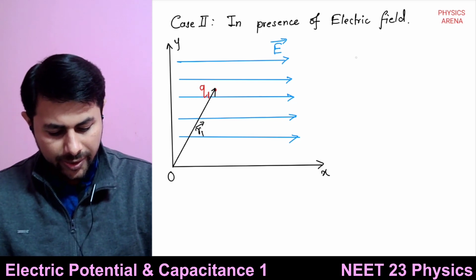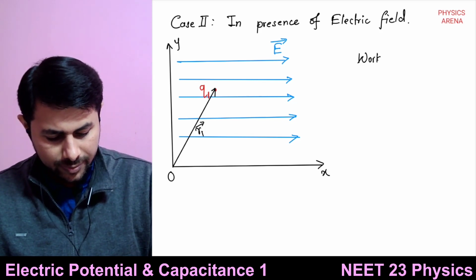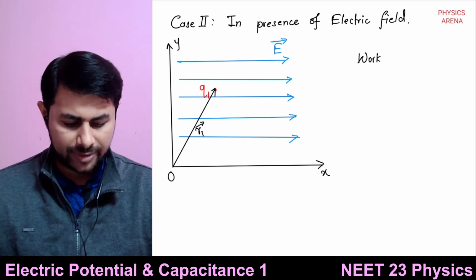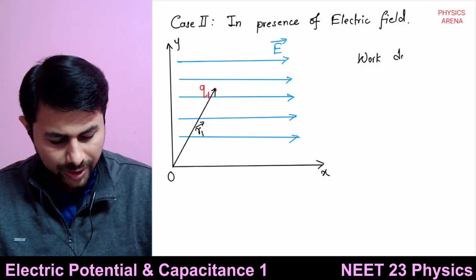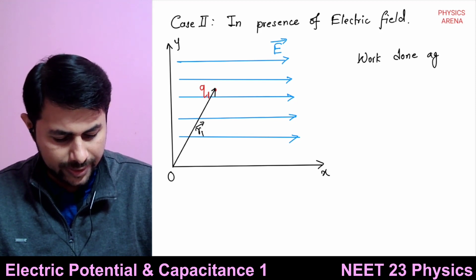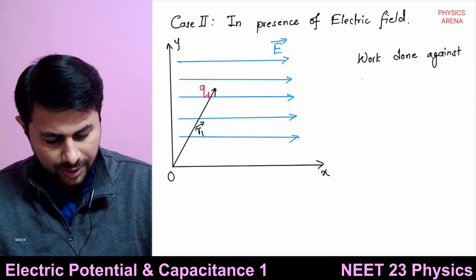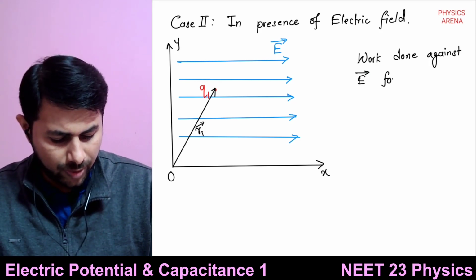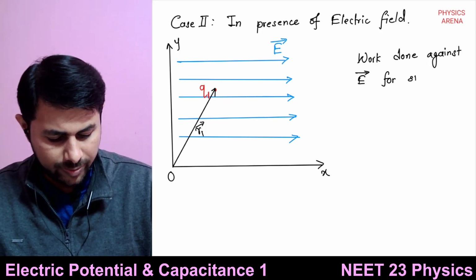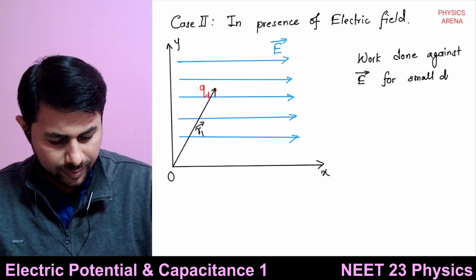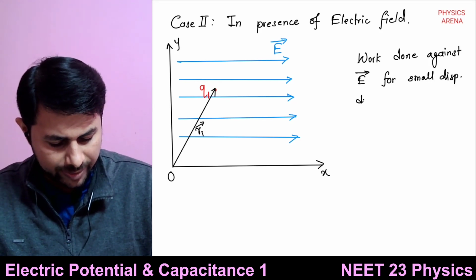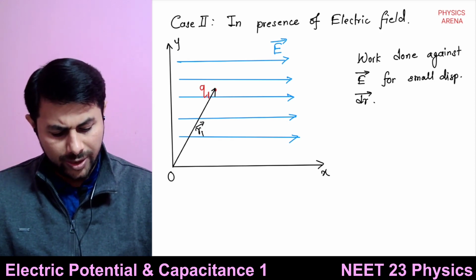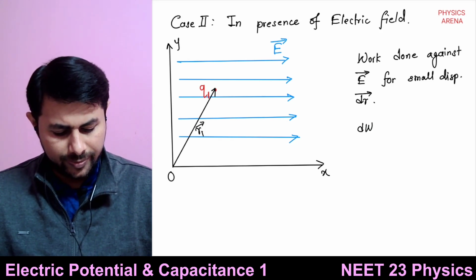So how much is the work done? Let's consider a small displacement dr bar. Work done against the electric field for a small displacement dr bar, let's call it dW.